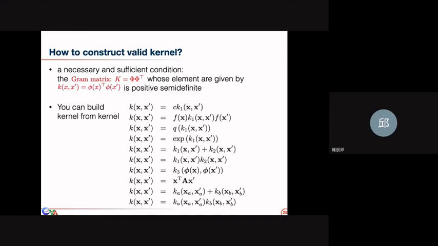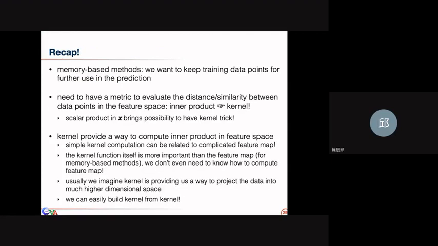The summation over kernels is again a valid kernel. The multiplication, or the product, between kernel functions is still a kernel. So here we provide you various ways of combining valid kernels into a new kernel function which is still valid.